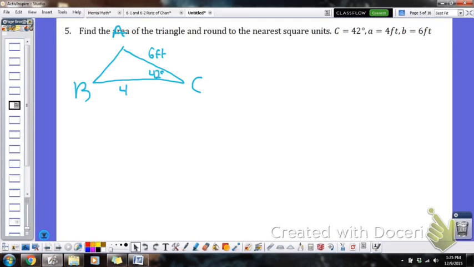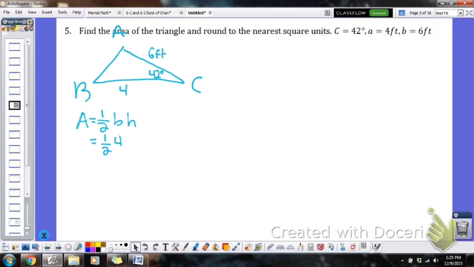So to find the area of this triangle, I'm going to use the area formula 1/2 times my base times my height. Now I know that my base is 4, but I need to find my height. And we're going to use the height equation, the adjacent times the sine of the angle.